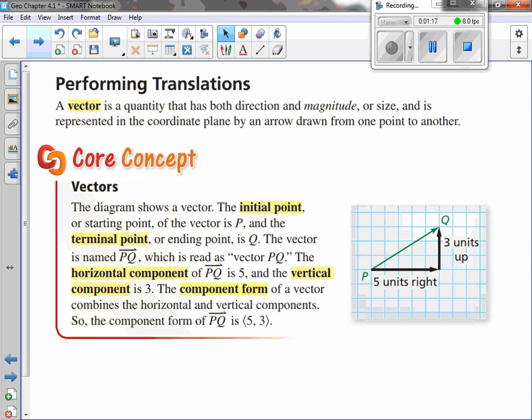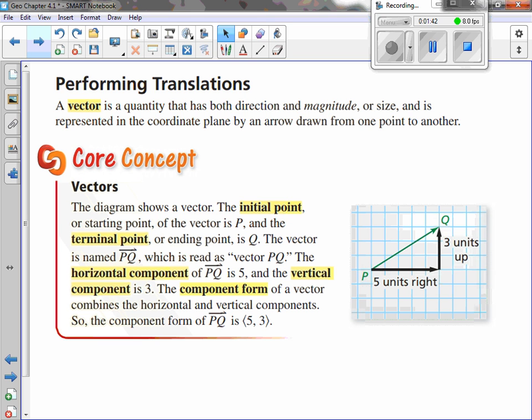And we use it in geometry to tell how something is moving in both direction, up, down, left, or right, north, south, east, or west, and magnitude, how far it's moving. Now, when we write a vector, we start with the initial point and the terminal point. The initial point is where it starts, the terminal point is where it finishes.